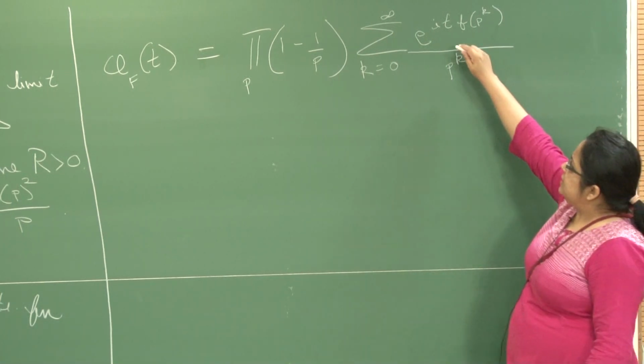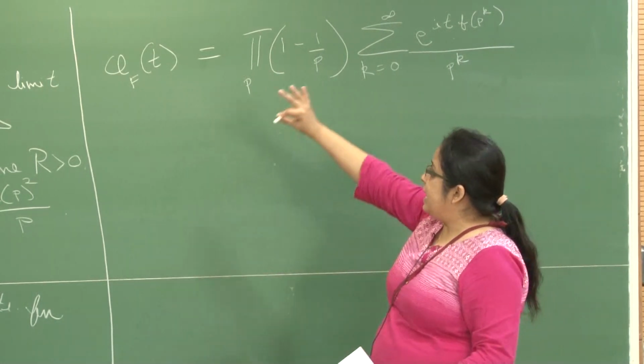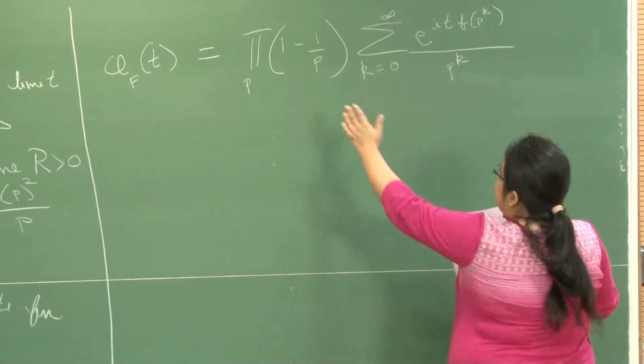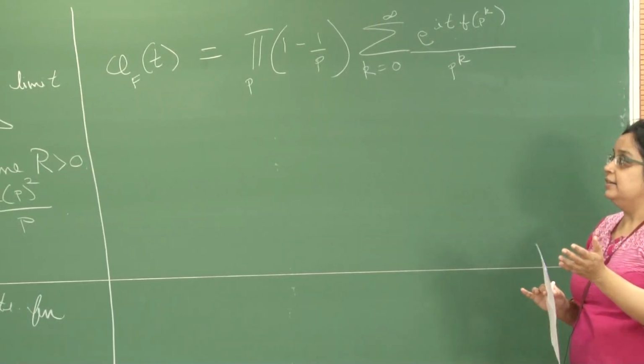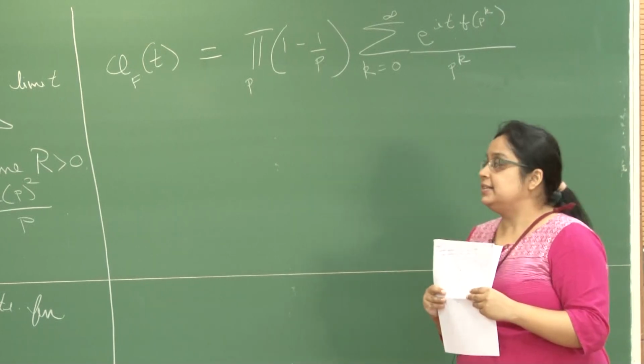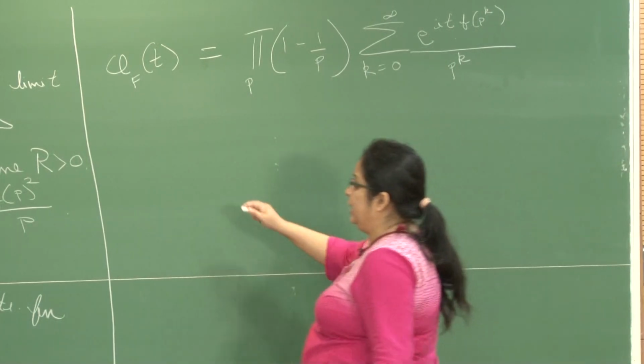Now, what this is telling us is that the characteristic function can be written in terms of these exponential functions, and this is again motivated by an important theorem that we learned, which was the following.